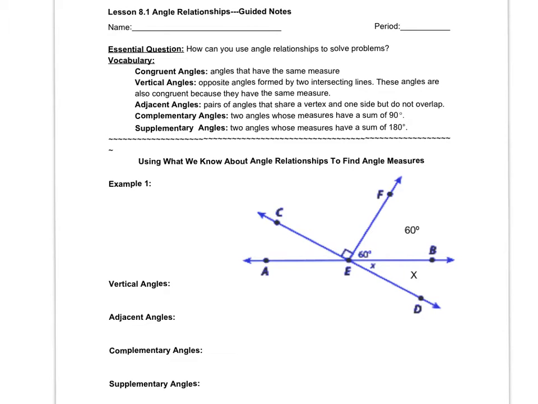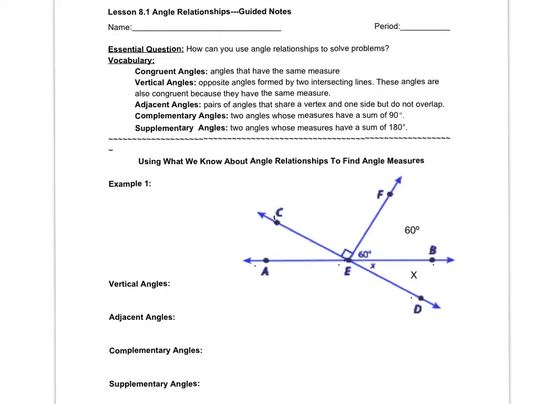The first thing we're going to look for is a pair of vertical angles. So looking at our definition and what we've discussed, vertical angles happen when we have two intersecting lines. So looking in the diagram, I see two intersecting lines. I've got two straight lines. I have line CED, and I have line AEB.